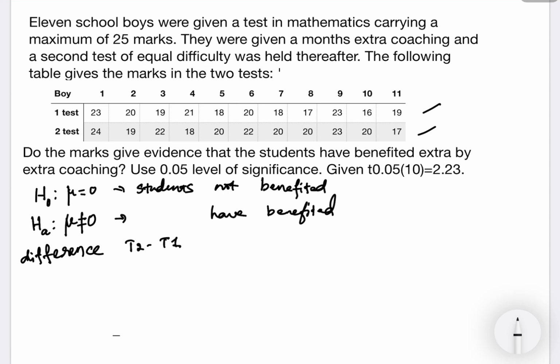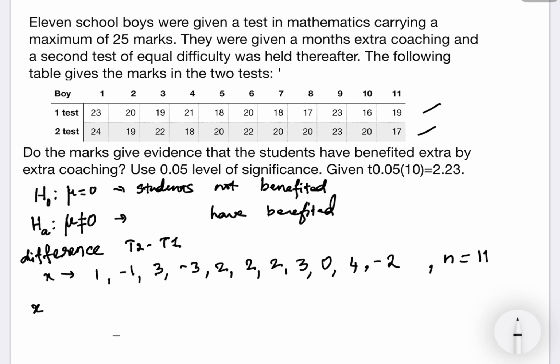So it would be 24 minus 23, which is 1, then minus 1, 3, minus 3, 2, 2, 2, 3, 0, 20 minus 16, 4, 17 minus 19, which is minus 2. So these are the X scores. And here the total number of students is how many? 11.